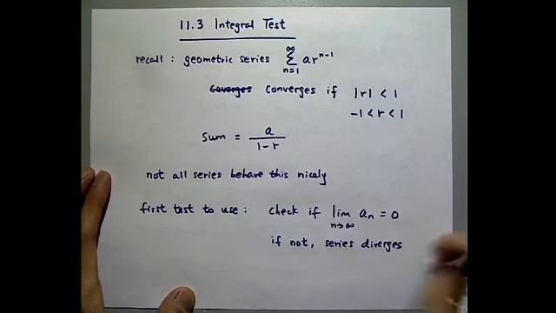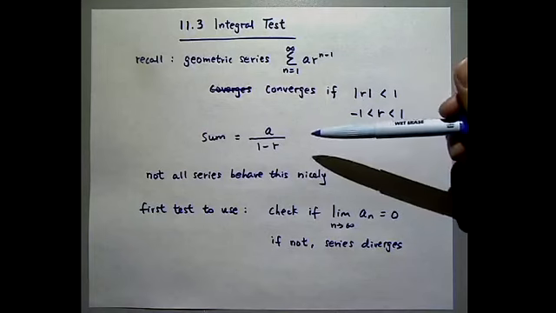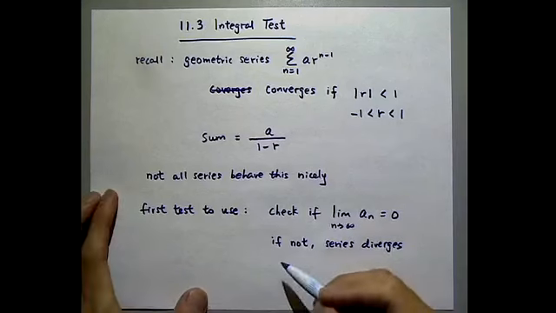If it doesn't go to 0, then right away we know the series diverges. So you stop even looking at that series. There's no point looking at it anymore. There's no sum to talk about anymore. Okay?